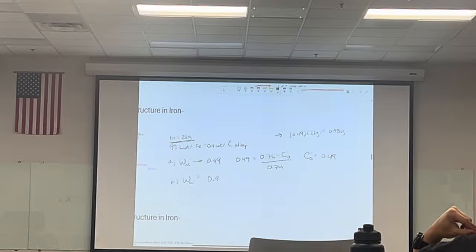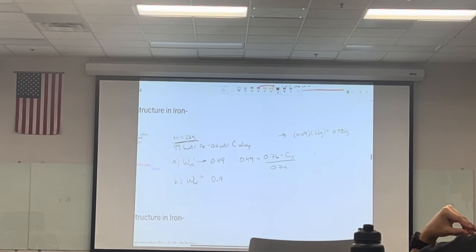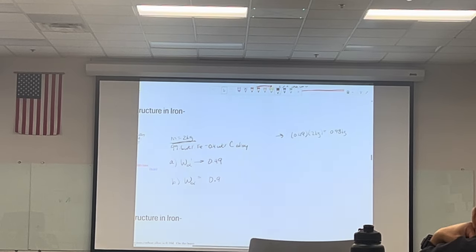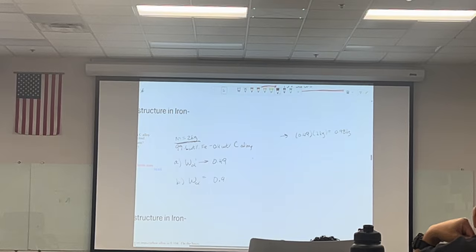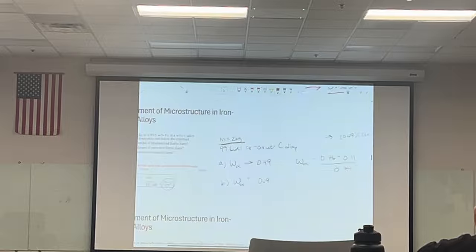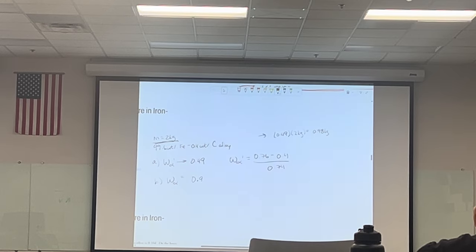Oh, my bad, I didn't do this one. So we're using the W alpha prime equation, and this is what it should write out as: 0.76 minus the 0.4 over the 0.74, like the one I just circled.